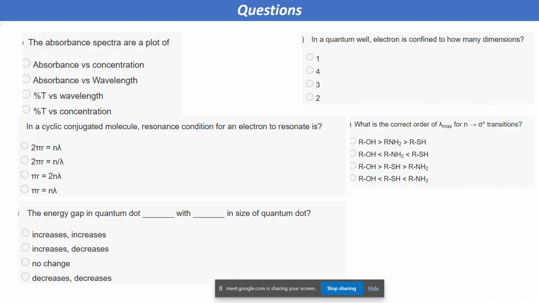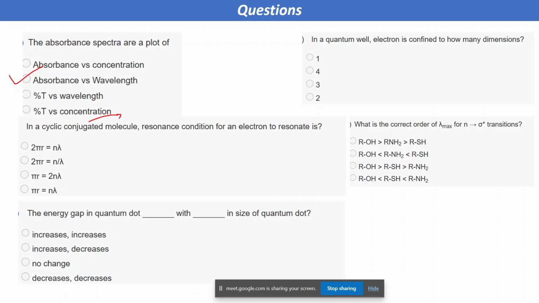Now, absorbance spectra are a plot of absorbance versus wavelength. In a cyclic conjugated molecule, conjugated means double, single, double bond.